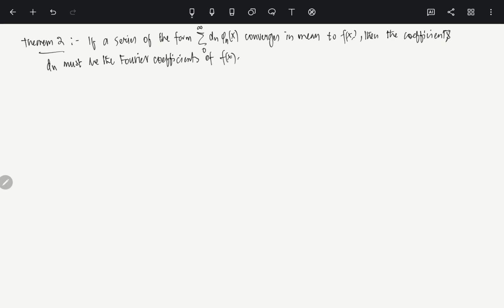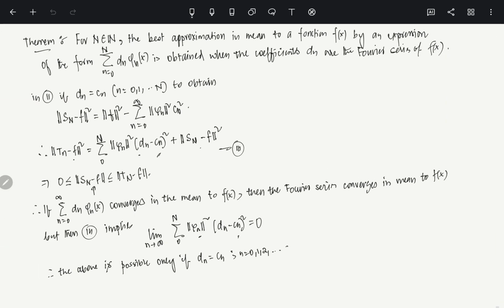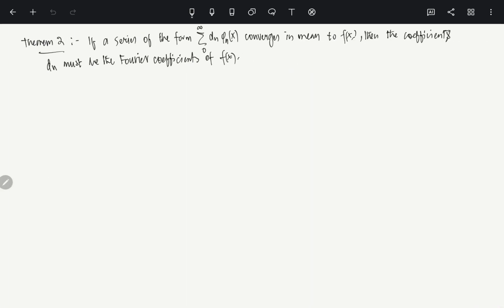We just saw that if you have something like this that converges to f of x in mean, then dn has to be cn. So the series that converges is basically the Fourier series. So this is proved.